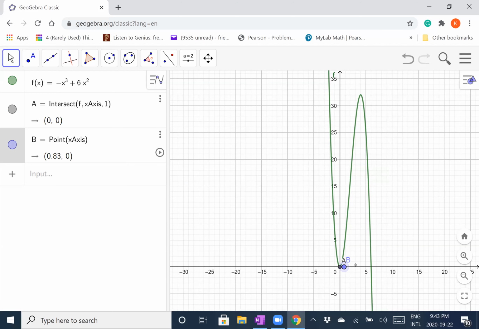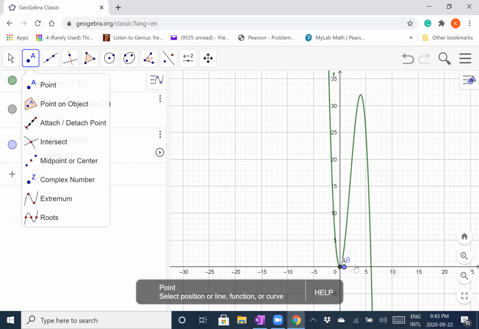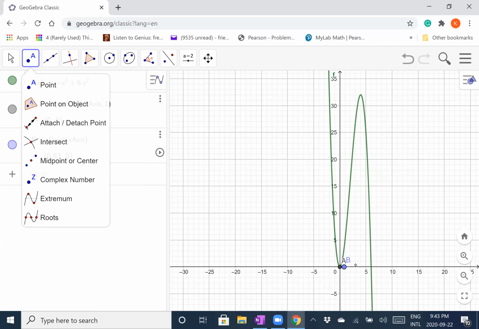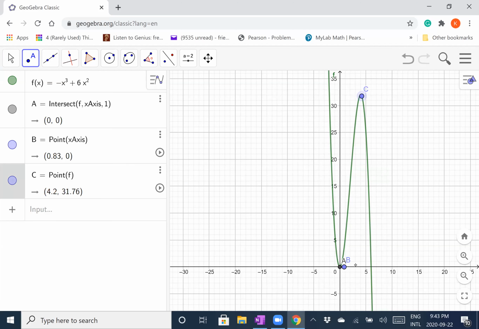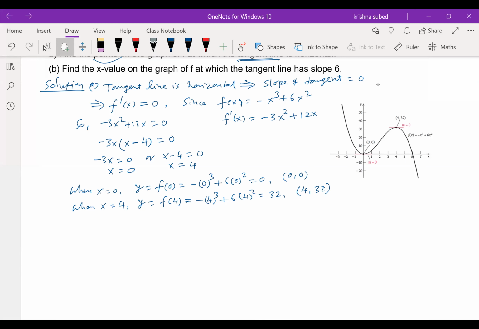And also we have seen that the tangent line is horizontal at 4 and 32. As you can see, 4 and 32 is this point, and if I draw the tangent line there, that tangent line will be horizontal. So we have just seen from the graph that the tangent line at 0, 0 is horizontal, and the tangent line here is horizontal.